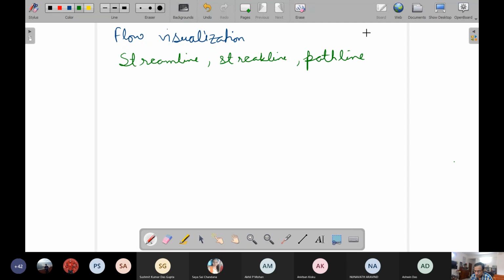So to do that, what we need to do is as follows. Let us say there is a pipe or some device in which there is some fluid flow.